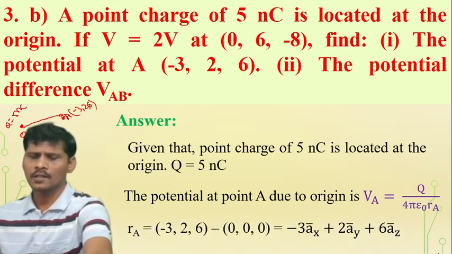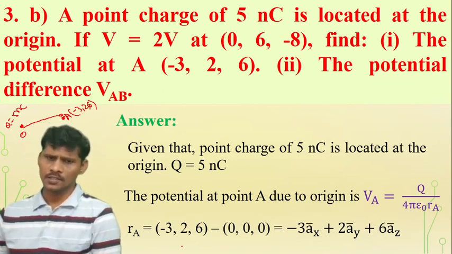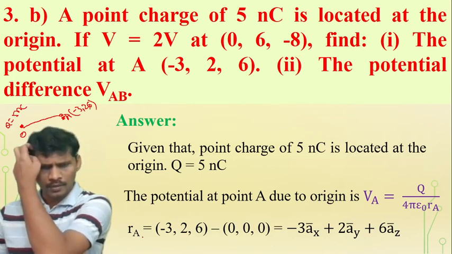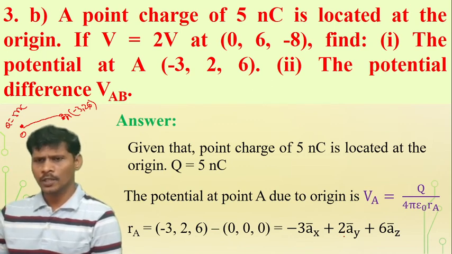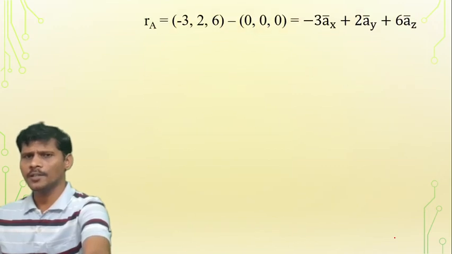First calculate the distance RA: the coordinates of point A minus the origin, that is minus 3, 2, 6 minus 0, 0, 0. In terms of unit vectors, RA is equal to minus 3ax bar plus 2ay bar plus 6az bar. Next calculate the magnitude of RA.